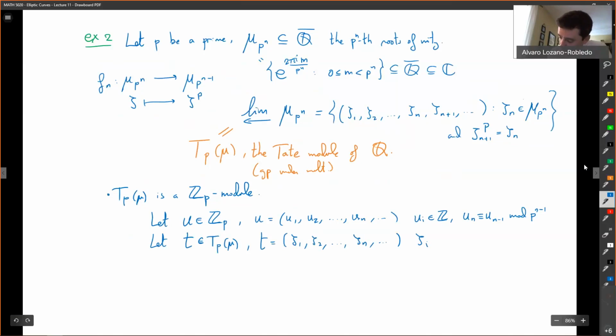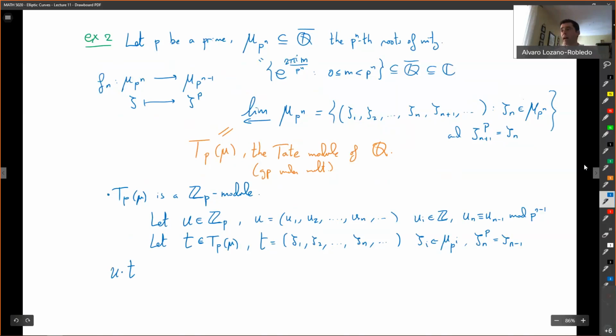So these are each a root of unity such that when I raise to the pth power, I get the previous one. Okay, so now how do I define U times T?